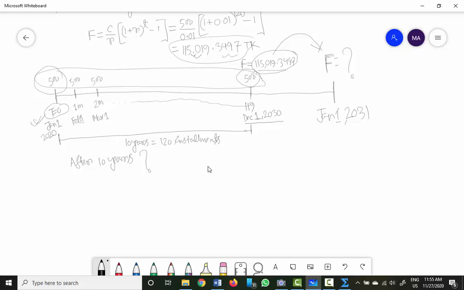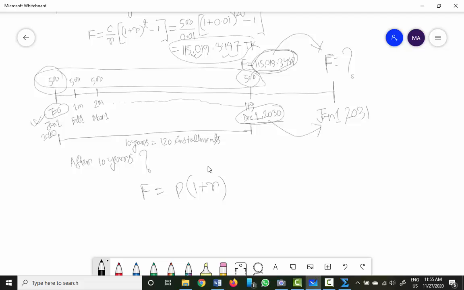Now this is a single amount, a single cash flow. If you want to move this amount from December 1 to January 1, 2031, that means 1 month forward, you have to use this formula, because this is not an annuity, this is a single cash flow.